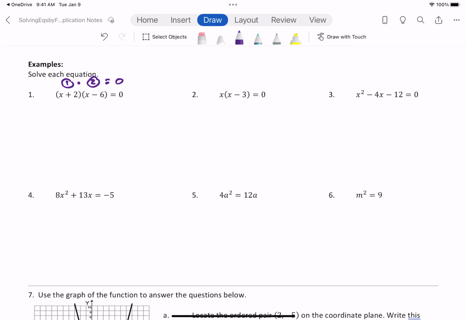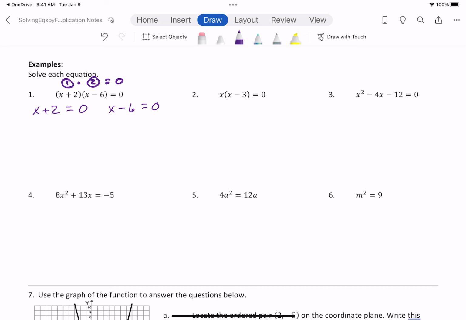So we're going to start with step 3 and set each one of those two factors equal to 0. And remember what we just talked about. Factors are two things that are being multiplied together. So the first factor here is the x plus 2. So we're going to set that equal to 0. And the second factor is x minus 6. And we're going to set that equal to 0.